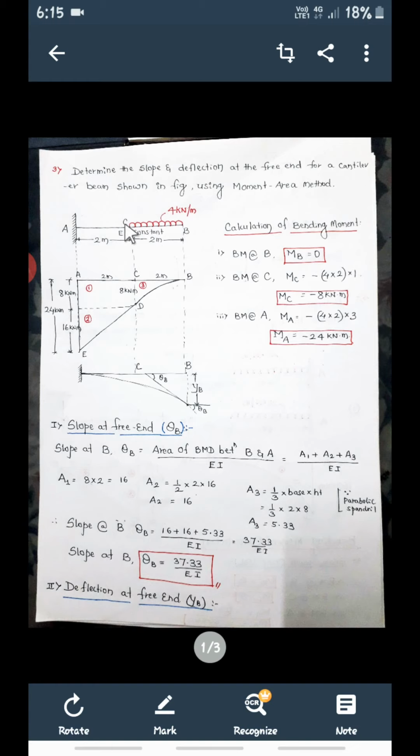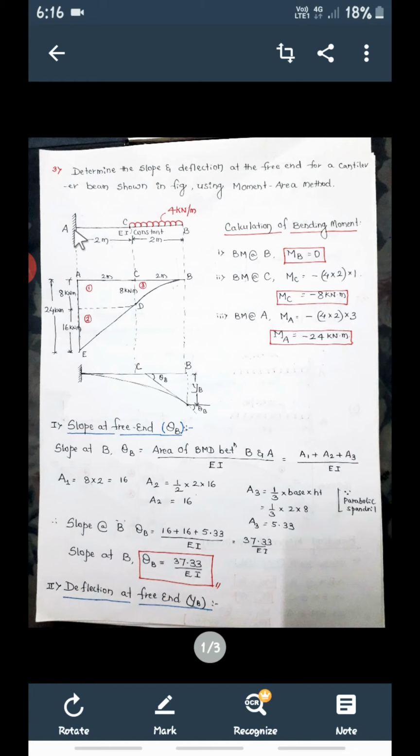So bending moment at C is 4 into 2 into 1. But it is minus, because when this UDL comes here, this portion is going to hog, it is going to bend like this. So it is hogging, so minus: bending moment at C is minus 4 into 2 into 1, perpendicular distance is 1, so it is minus 8 kilonewton meter.